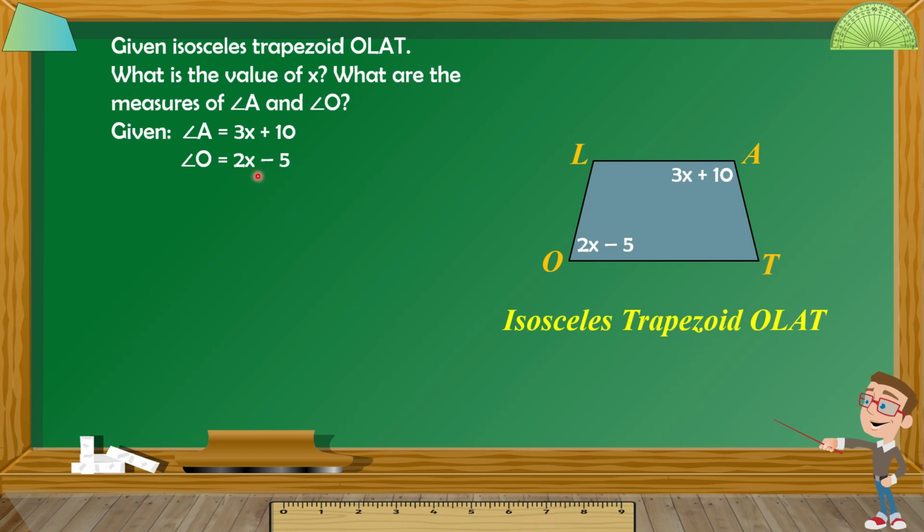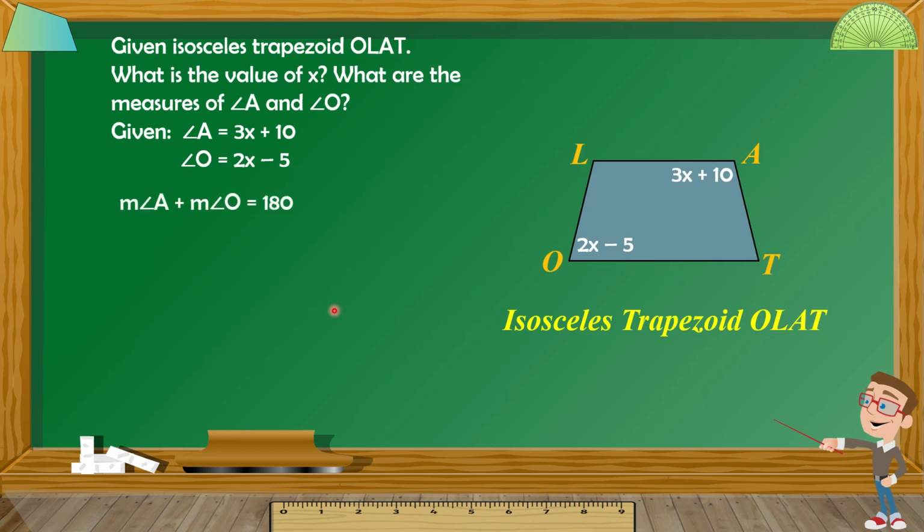Another example is, given isosceles trapezoid OLAT, what is the value of x? What are the measures of angle A and angle O? So, merong given dito. Si angle A ay 3x plus 10 daw, at si angle O ay 2x minus 5. So, again, alam natin na opposite angles ng isang isosceles trapezoid ay supplementary.